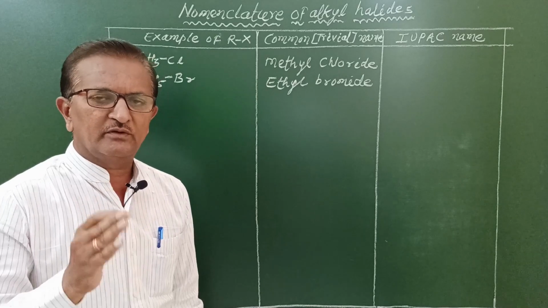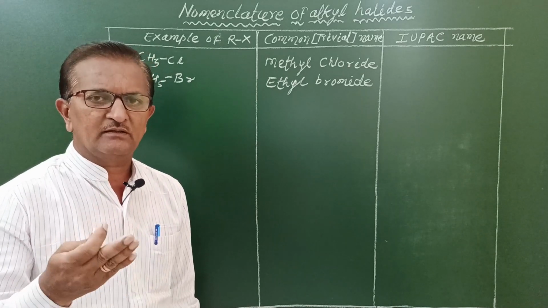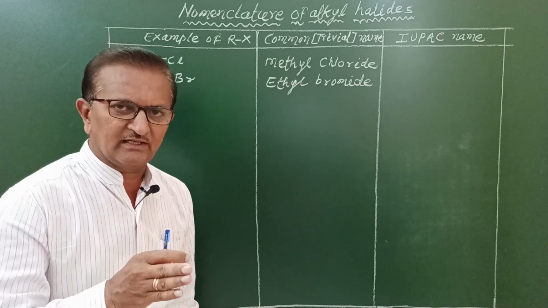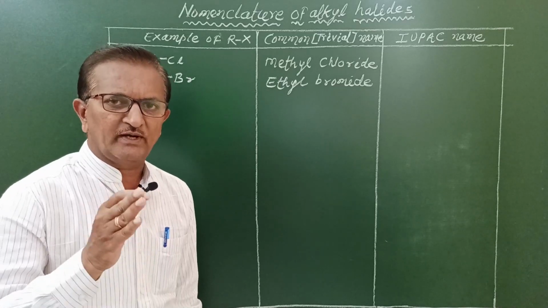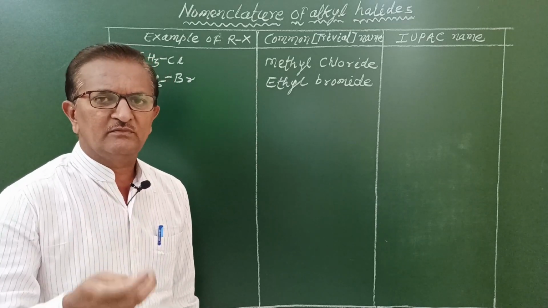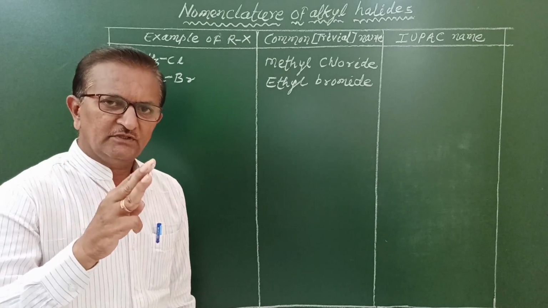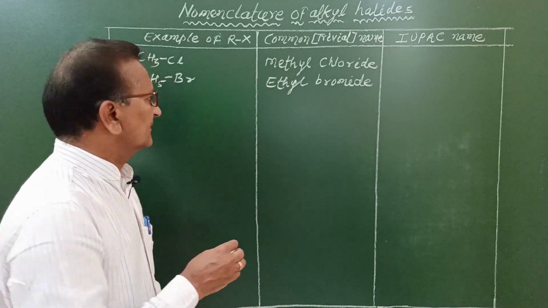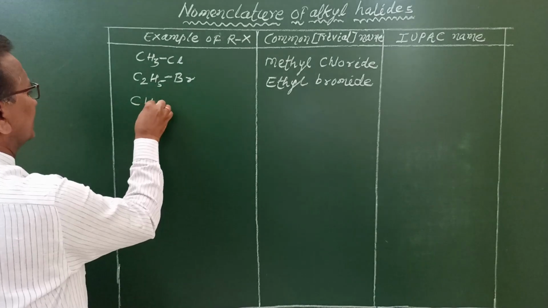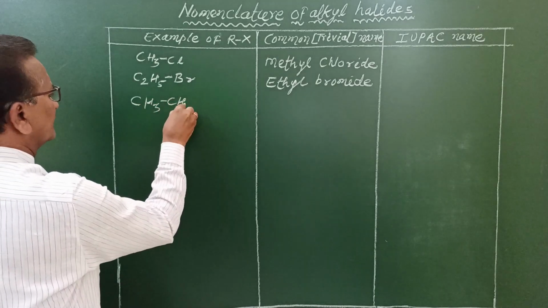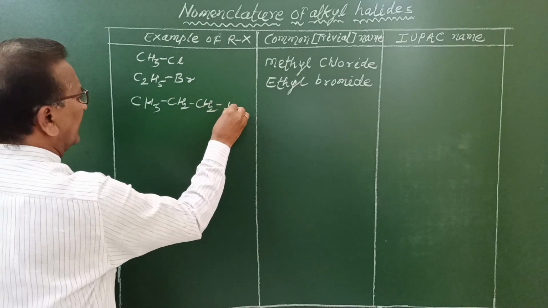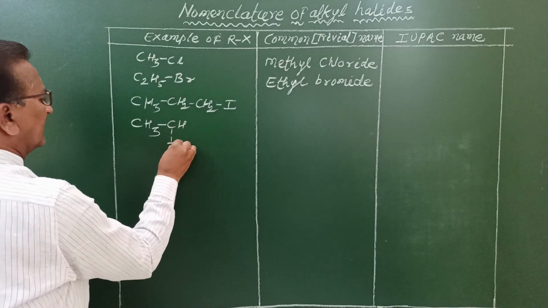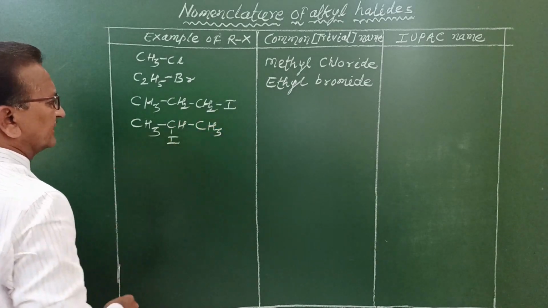If we have to derive the name of an alkyl halide having 3 or more carbon atoms, or we can say isomeric alkyl halides, because we know that the phenomenon of isomerism in alkyl halides starts from 3 carbon atoms. In these compounds containing 3 carbon atoms and a halogen atom, we will write some examples. CH3-CH2-CH2-I, CH3-CH(I)-CH3.